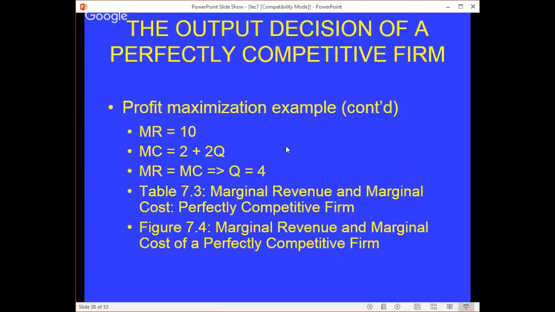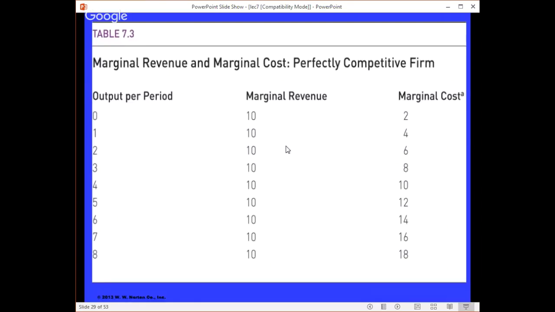And in this case, from our first example, marginal revenue is equal to 10. Marginal cost, as you told me, is 2 plus 2Q. I set marginal revenue equal to marginal cost. I get Q equals 4, just like we did before in the table. Okay.